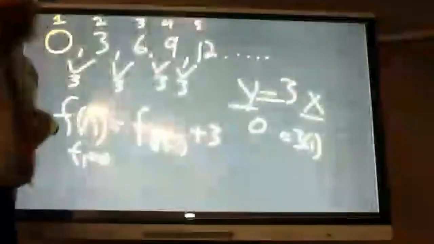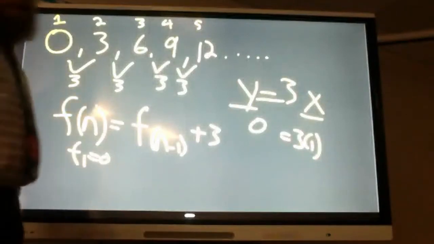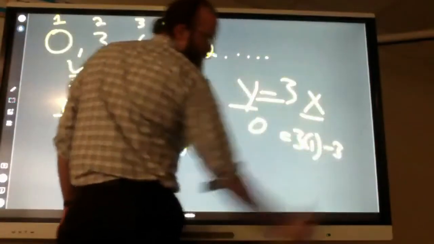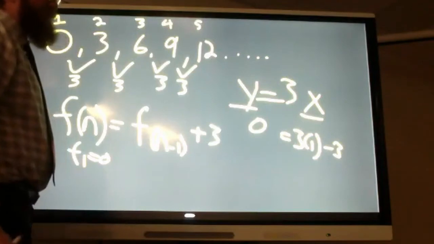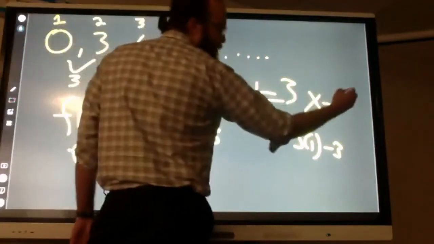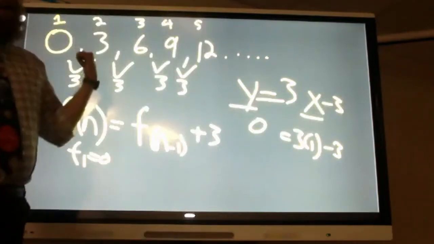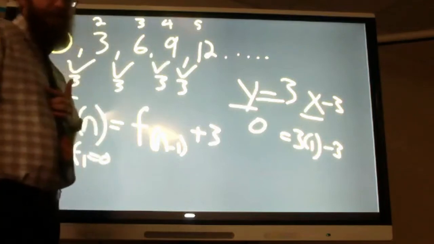So 3 times 1 is 3, and we have to force that to equal 0. In this case, we would subtract 3. Since I need to subtract 3 from the equation to make the equation work, I'm going to put that in my equation. So the explicit equation for this guy is y equals 3x minus 3, right?